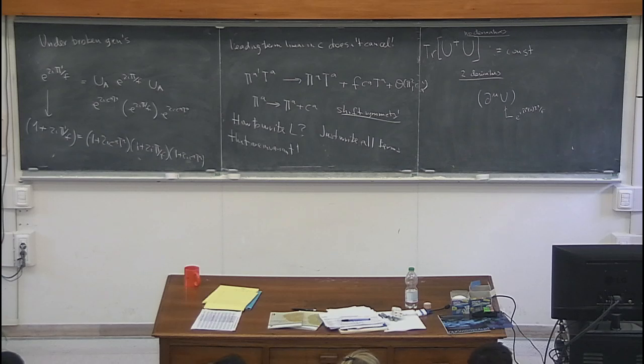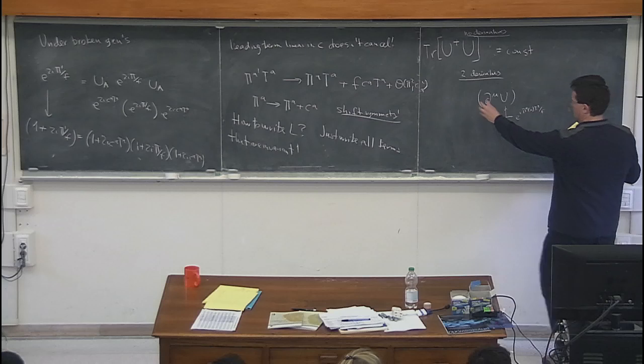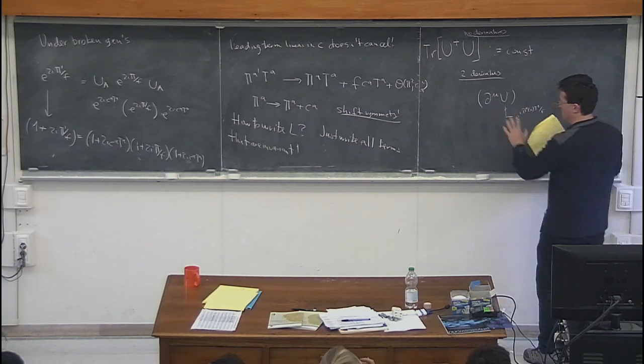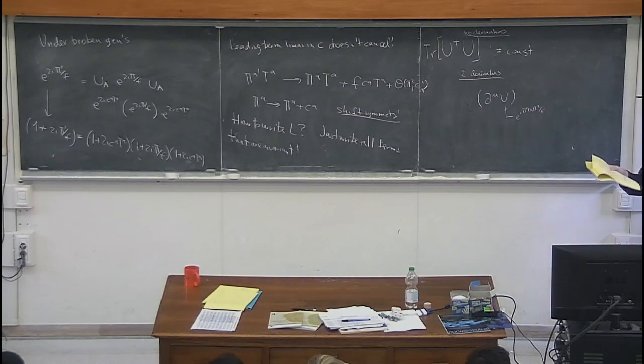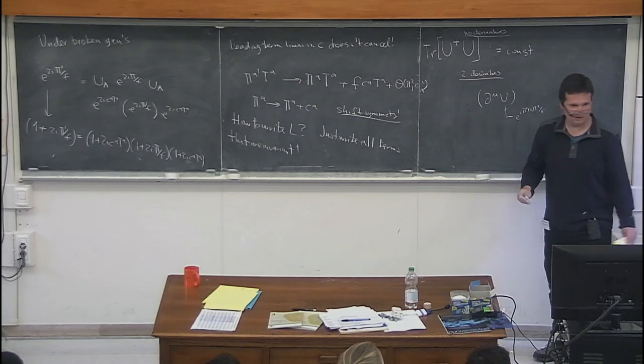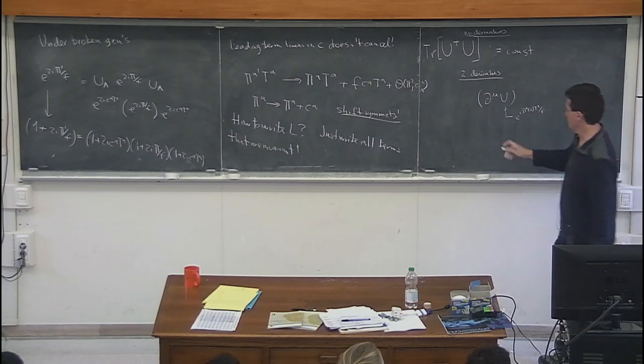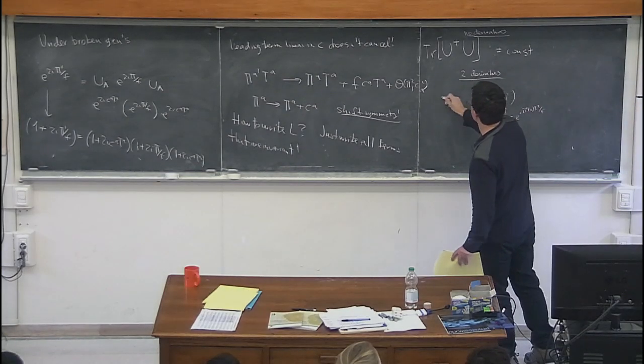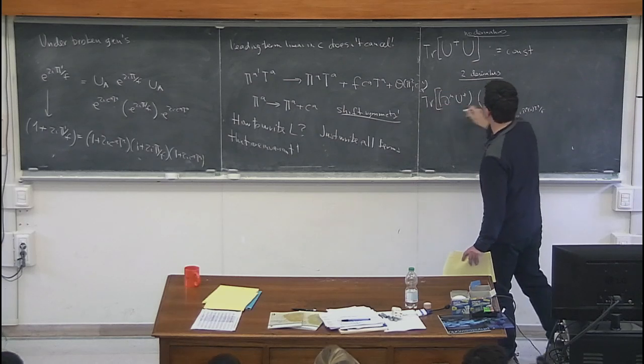So it still transforms with the U left exactly the same way as the term without the derivatives. To make an invariant out of it, you do exactly the same thing: you take this term, dagger it, and then take the trace of that.